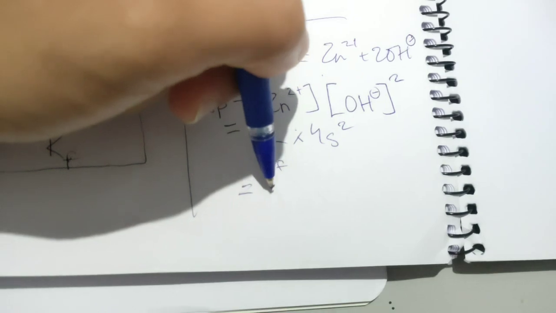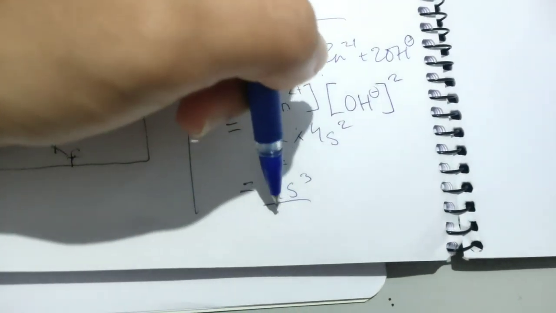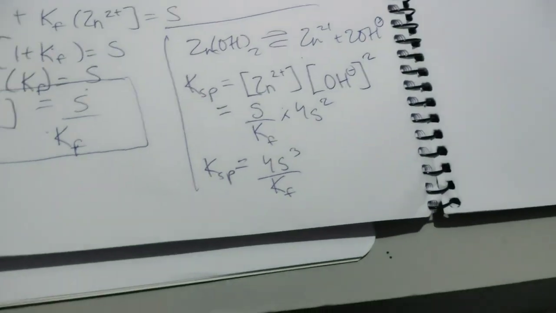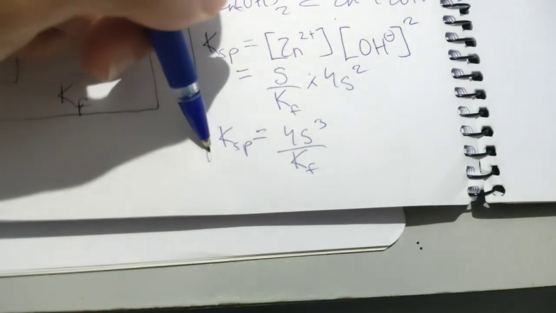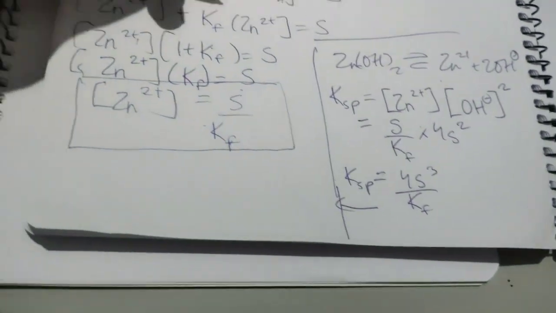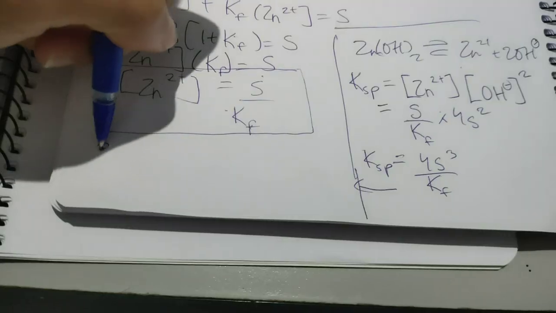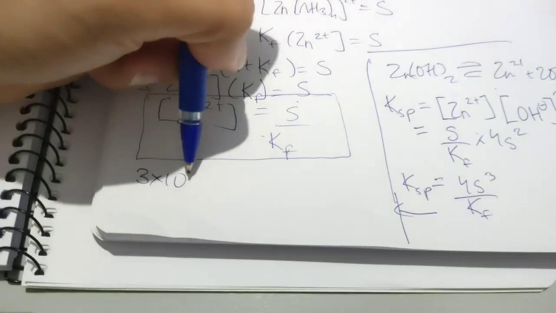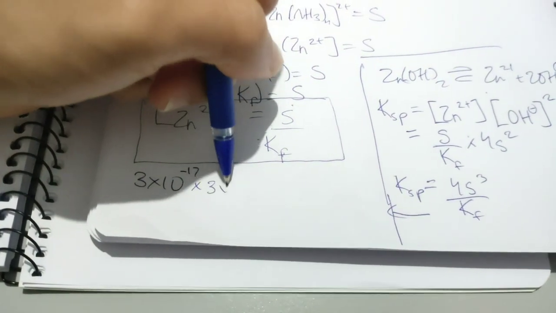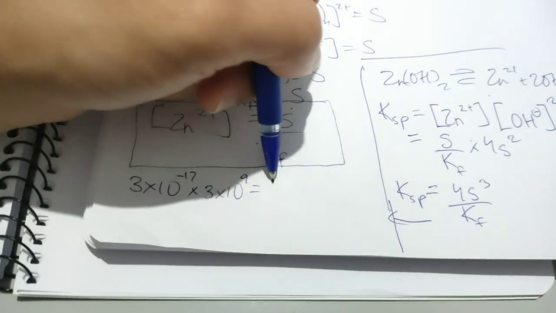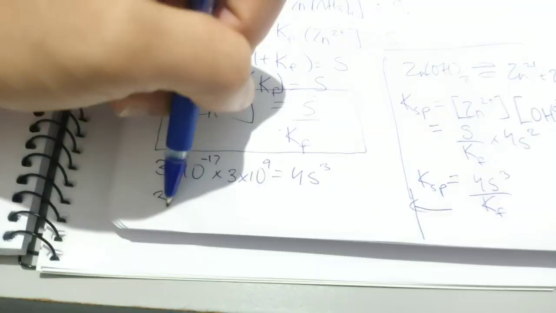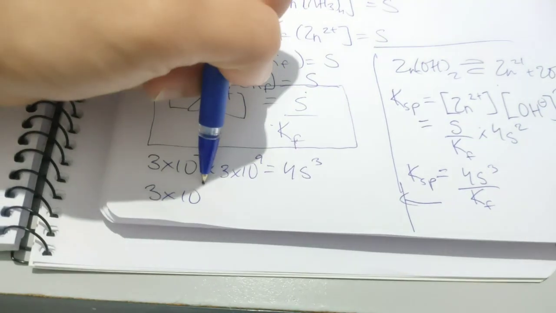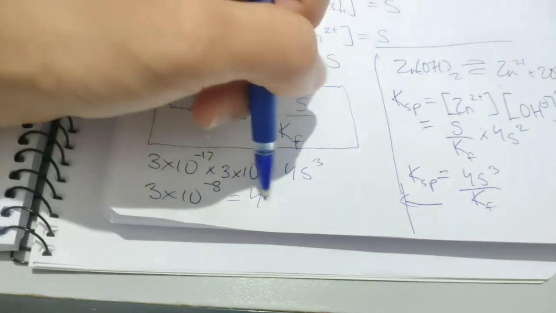So what you have is 4S cubed by Kf equals KSP. Now this is super easy to solve. You have everything. So 3 × 10^-17 times 3 × 10^9 is equal to 4S cubed. 3 × 10^-8 equals 4S cubed.